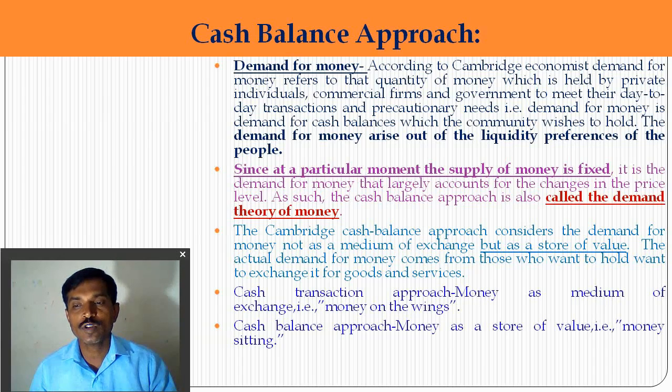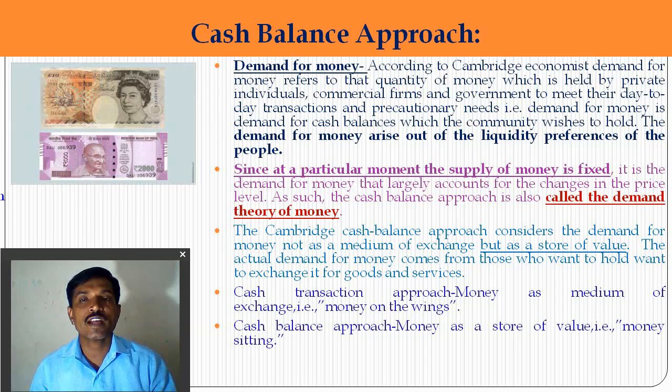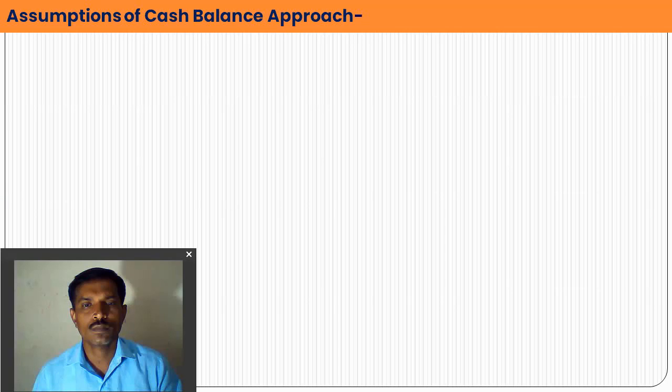The cash transaction approach treats money as a medium of exchange, money on the wing, and the cash balance approach thinks of money as a store of value, meaning money is sitting. So the cash transaction approach thinks that the medium of exchange means money is on the wing, and the cash balance approach thinks that money is sitting, or for store purpose.